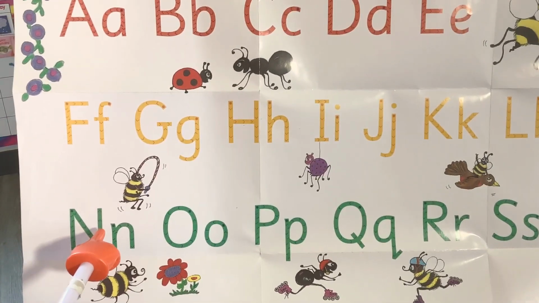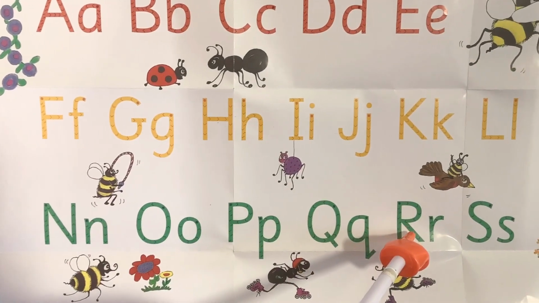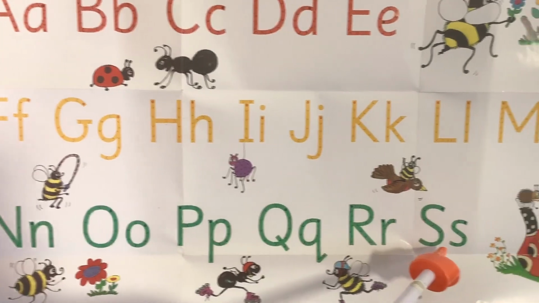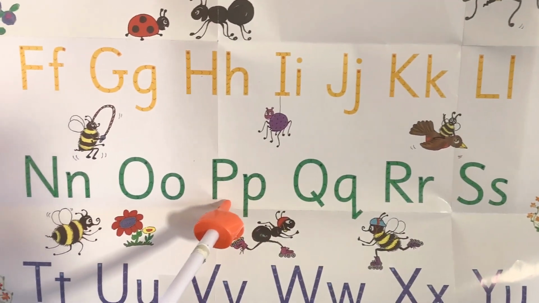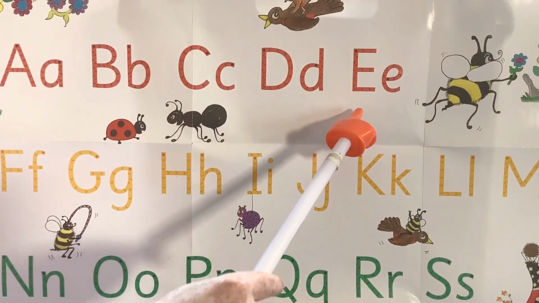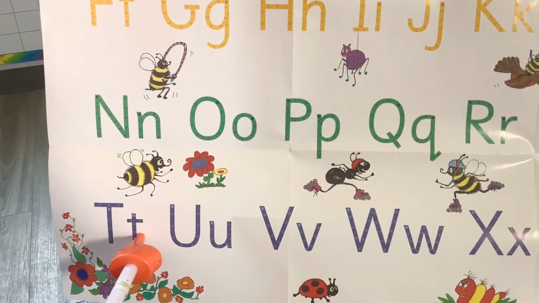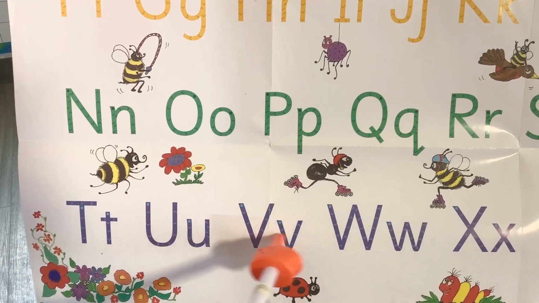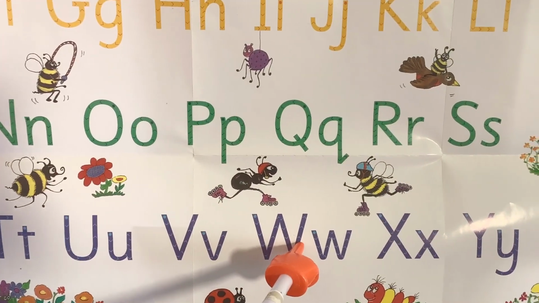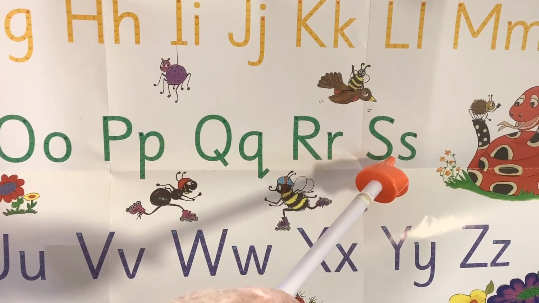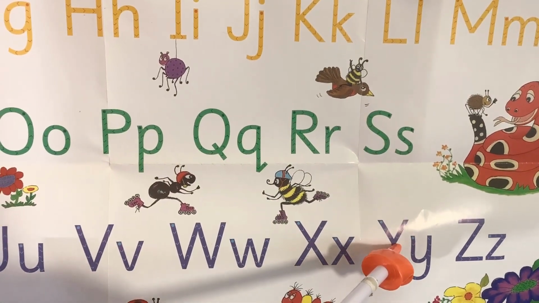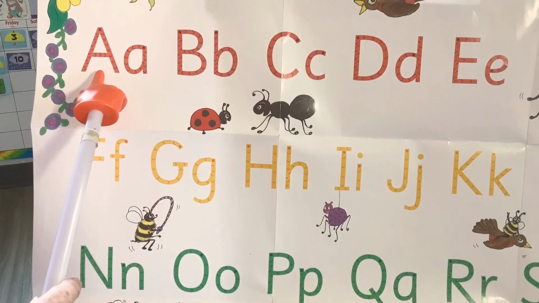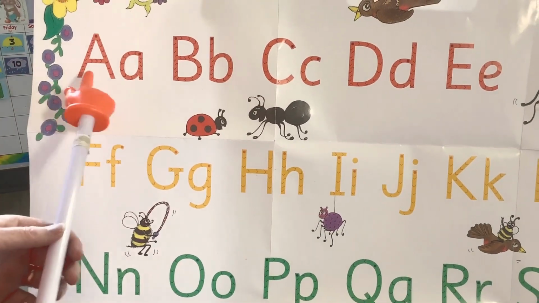N for Nadar, R for Ruhin, S for Sana. P for Penny, F for Eddie. W for William, S for Selma, Y for Yuvraj, and also Alexis and Austin start with these letters.